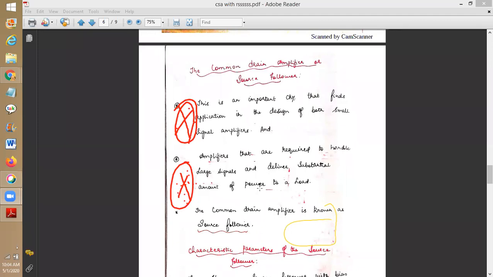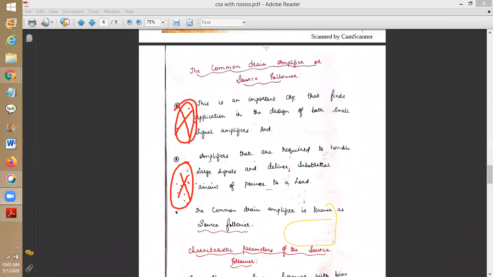They deliver a substantial amount of power to the load. So why do we use the common drain amplifier or source follower? We can use it for both small signal and large signal. For small signal, less than 10 millivolts, it can be used as a buffer. For large signal, it can give more power to the load.